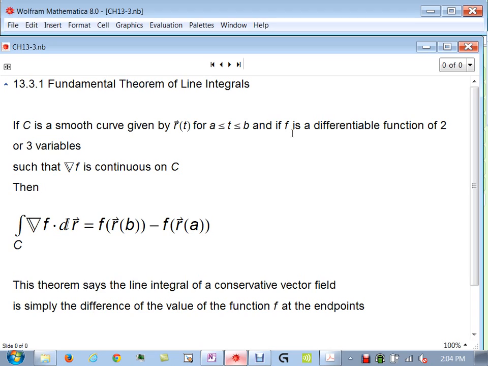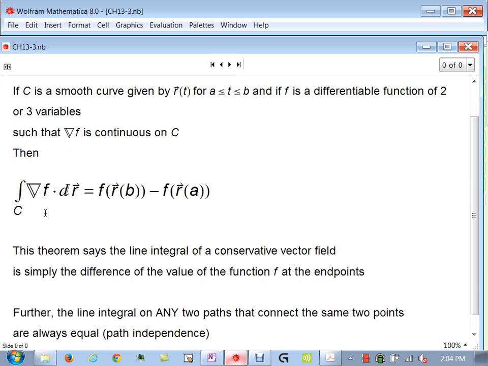And that function F is a, what type of function? Scalar function, right? Not a vector function. Is a scalar function that's differentiable such that what? The gradient of F is continuous on C. That just means the gradient is defined on that curve. The gradient is a vector, right? A vector function.